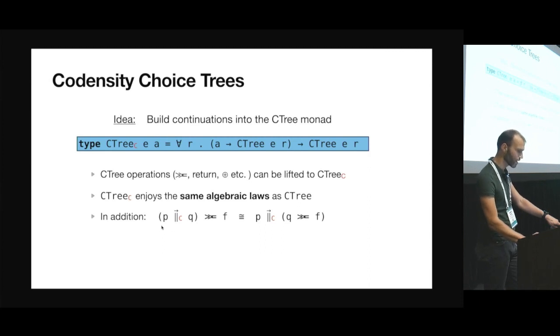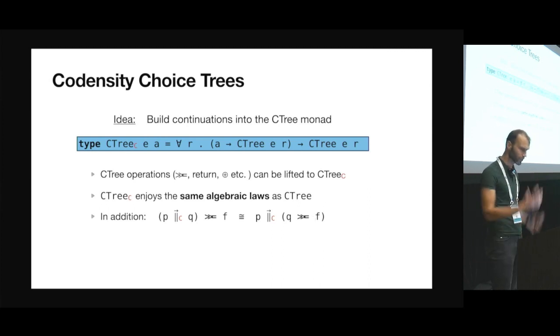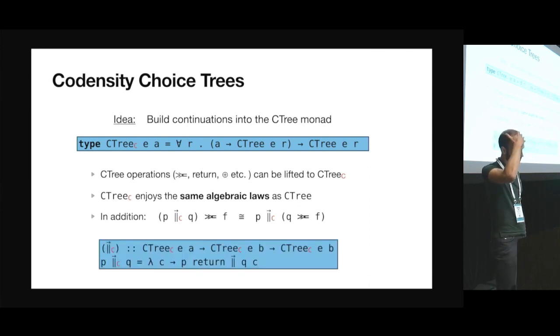Right. So if we have two parallel computations, P and Q, followed up with a computation F, then we can move that computation F inside the parallel composition to the right. And this will turn out to be exactly the match that we need for our fork instruction.